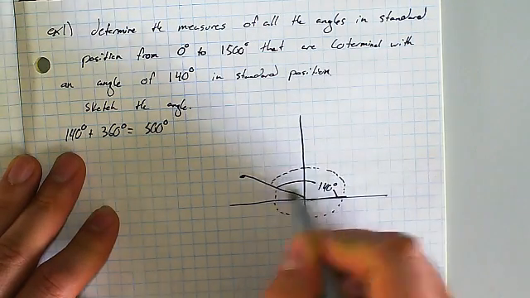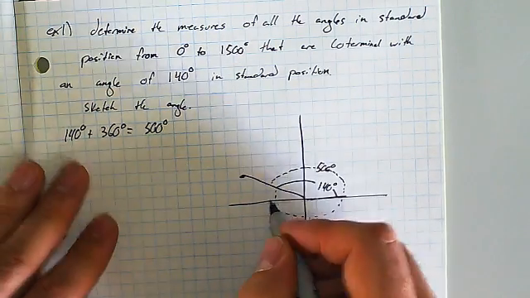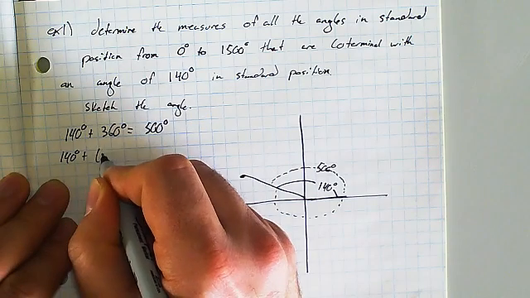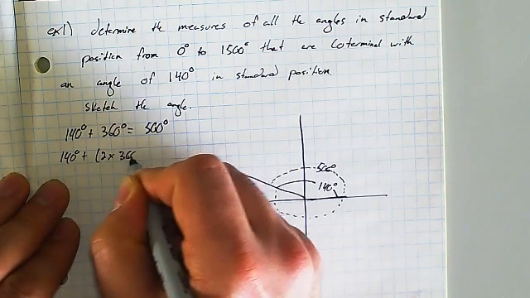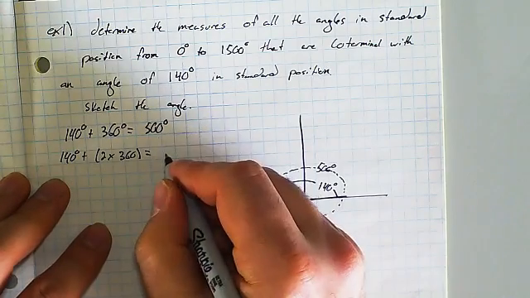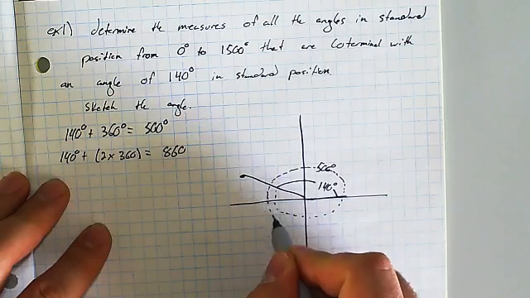The real trick with this is just trying to keep it as neat as possible and well spaced. I can go 140 degrees plus 2 times 360, or just 360 plus 360. That's about 860.